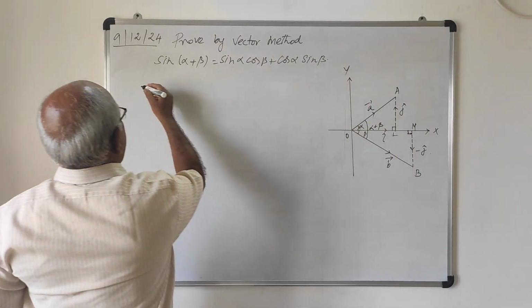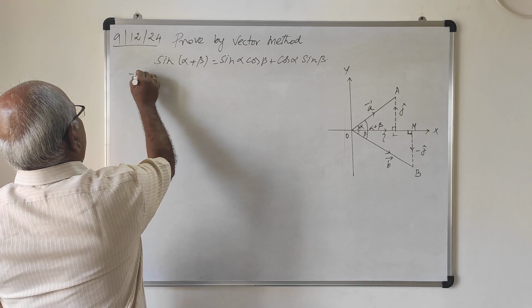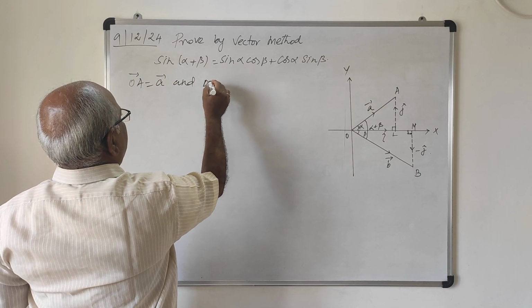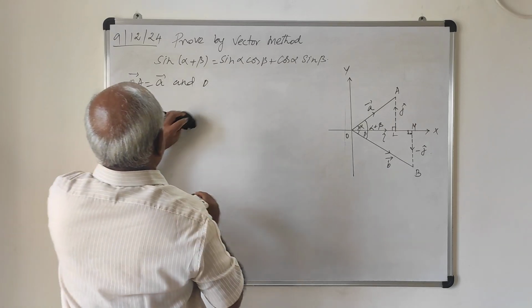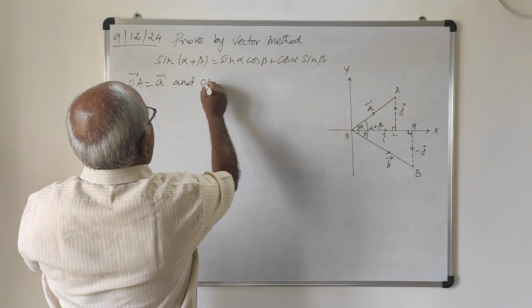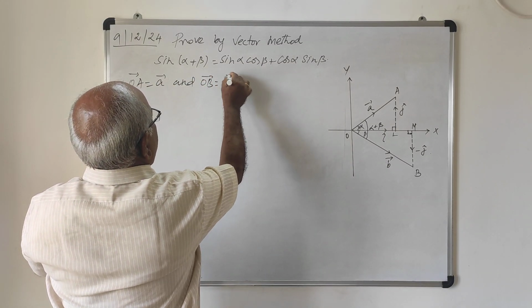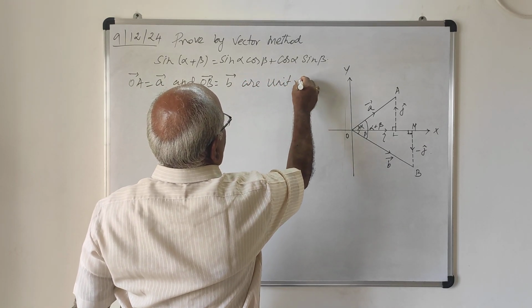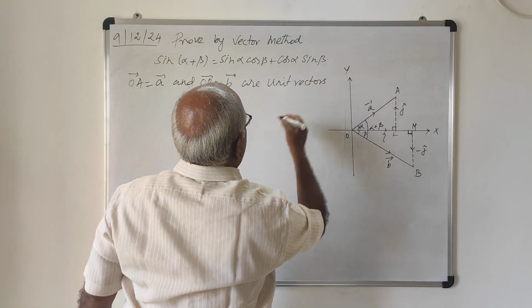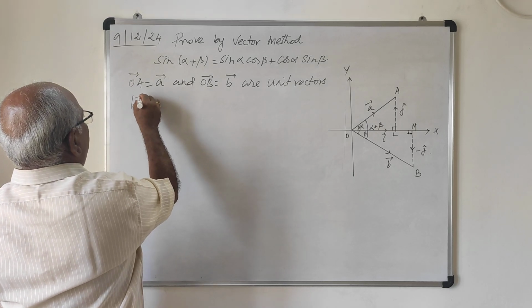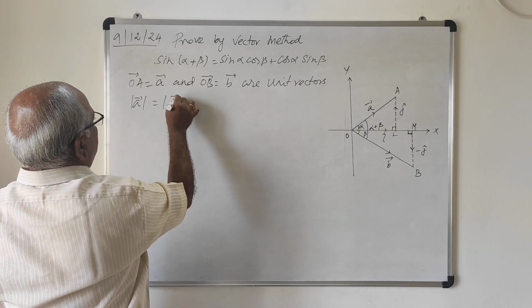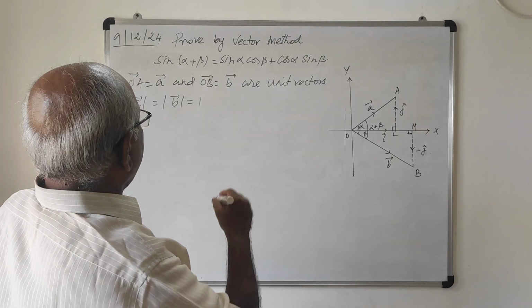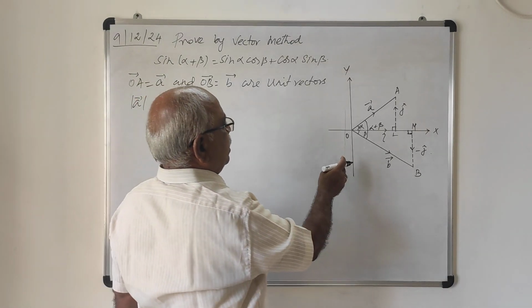OA is vector A and OB is vector B. OA and OB are unit vectors, that is, mod of A and mod of B are 1 because they are unit vectors.